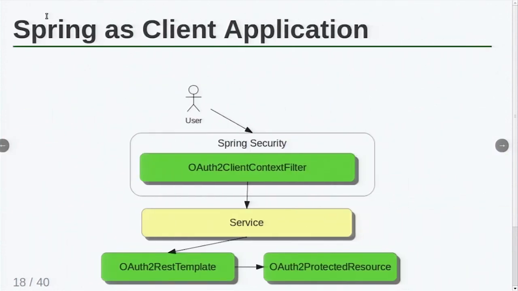On the client side, you've got this REST template at the bottom. So if I'm implementing some business service, I'm going to use a REST template to access a resource server somewhere. I'm just going to inject that thing into the service and use it as if it was a normal REST template.